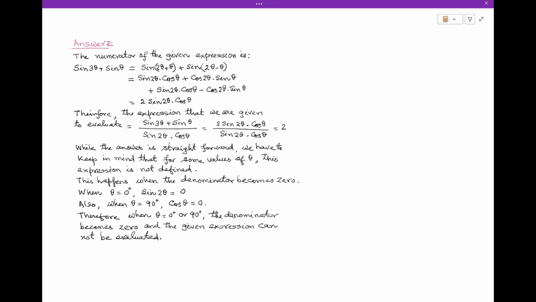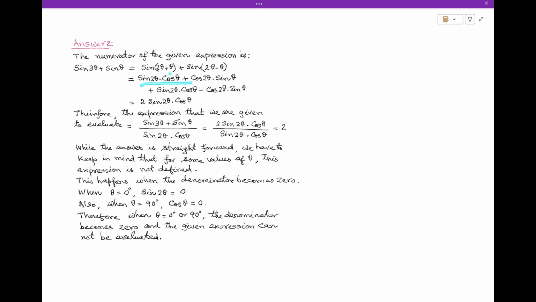Now sine 3 theta is sine (2 theta plus theta), and sine theta is equal to sine (2 theta minus theta). Therefore, sine 3 theta is equal to sine 2 theta multiplied by cos theta plus cos 2 theta multiplied by sine theta.